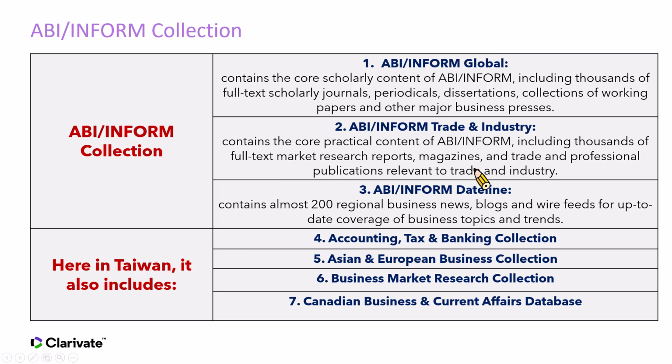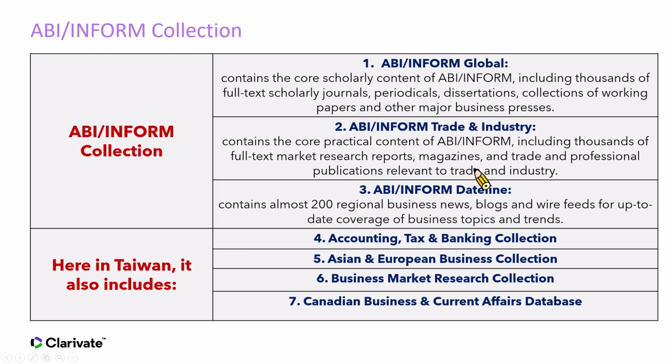So most people will think there are 7 databases instead of 3, but in reality there are only 3, the first 3. Because in Taiwan we add additional databases, most people talking about it there mean these 7 databases.